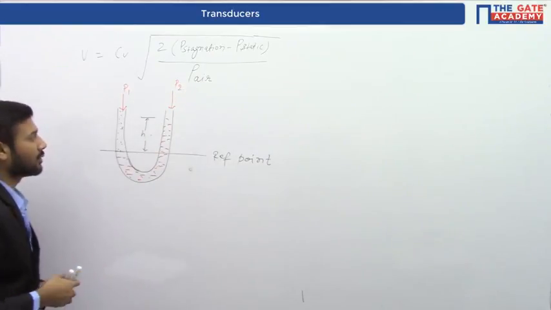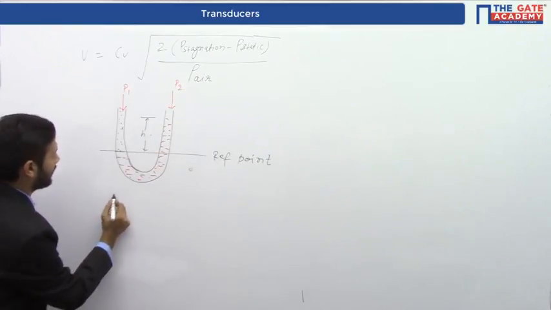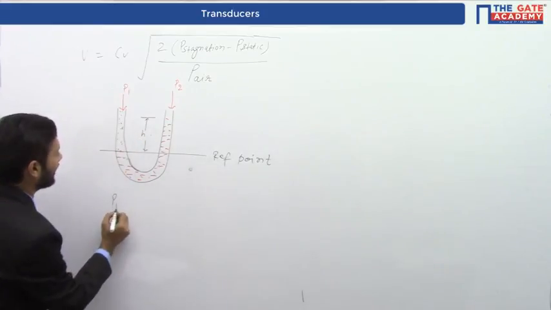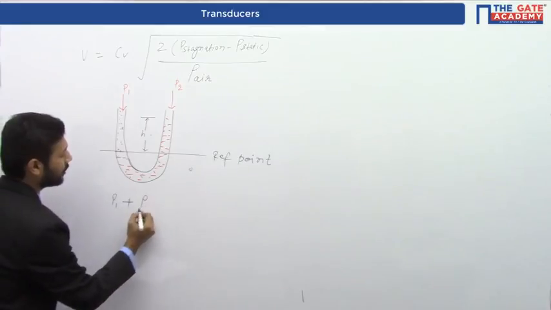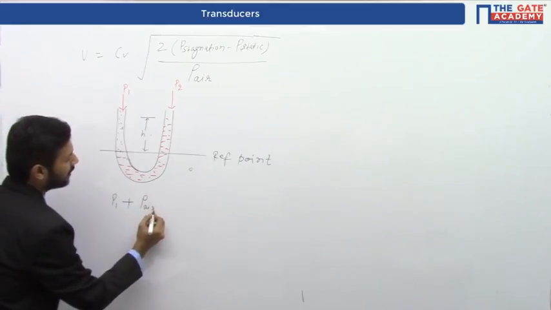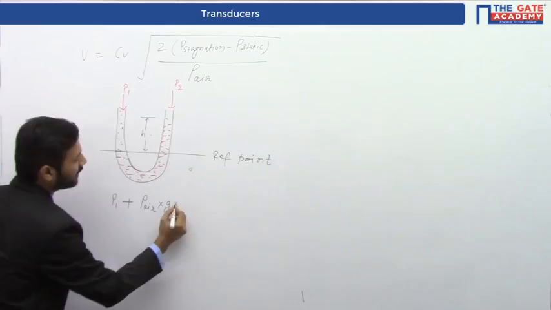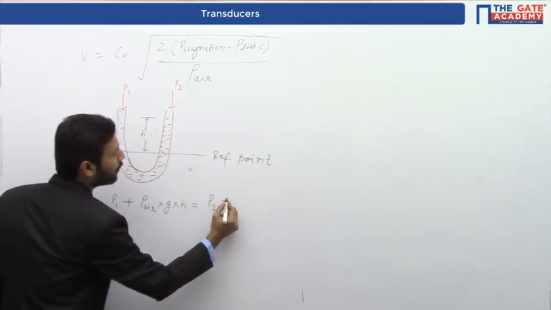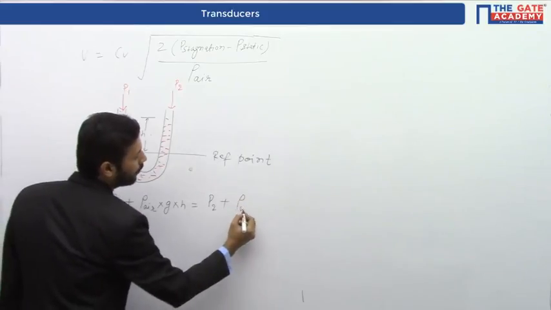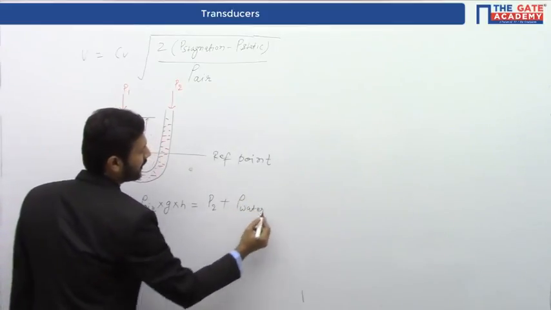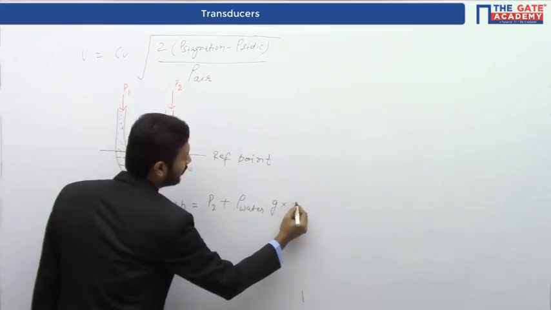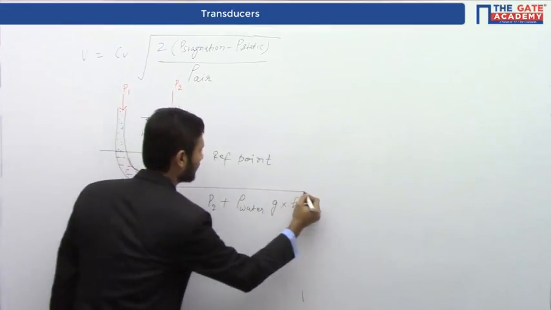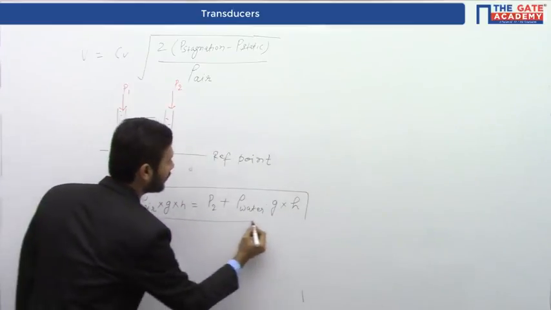Now we can write two equations. For the left limb of this manometer, P1 plus rho of air into g into H equals P2 plus rho of water into g into H. We can write this equation at some reference point.